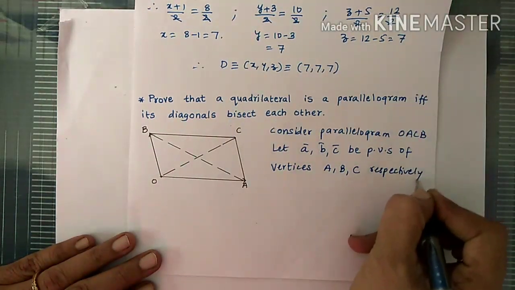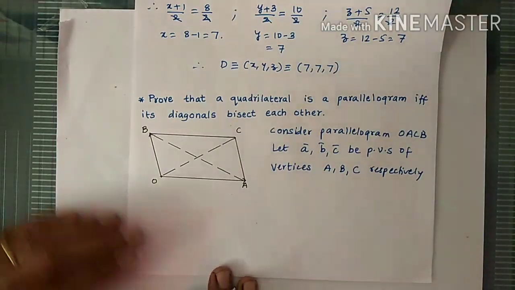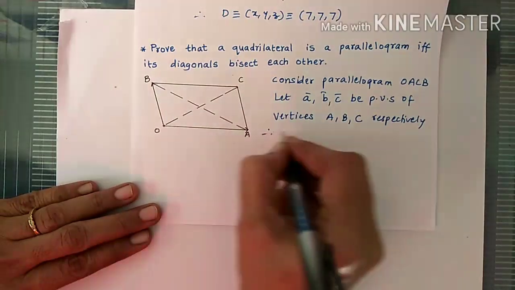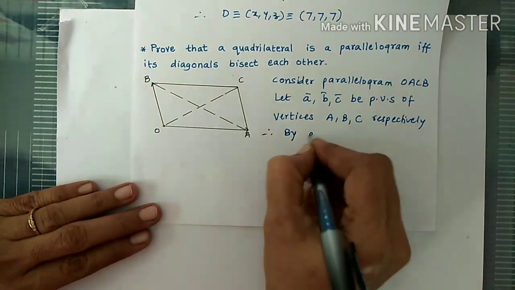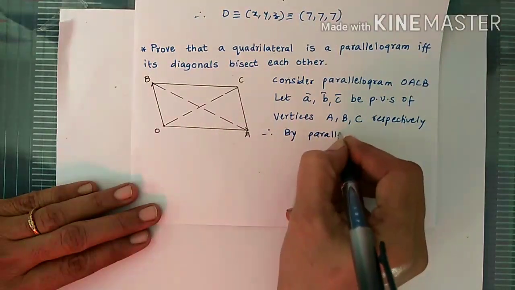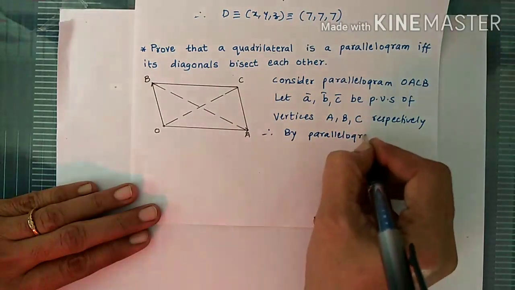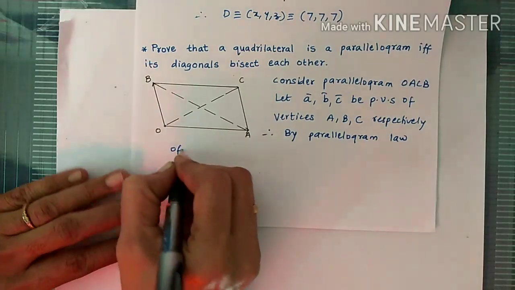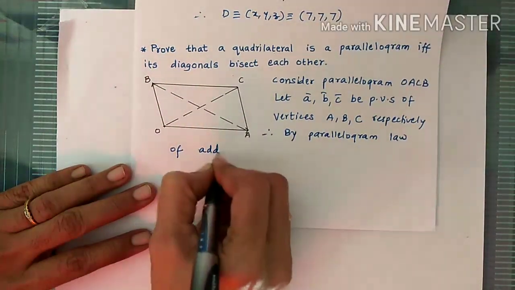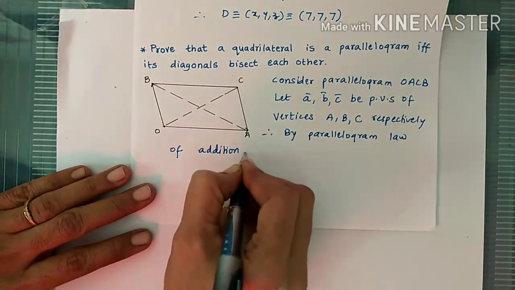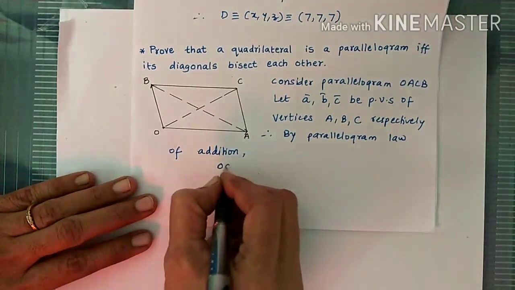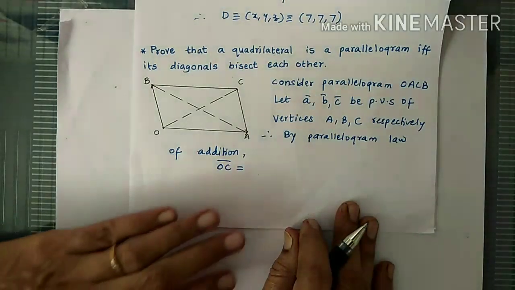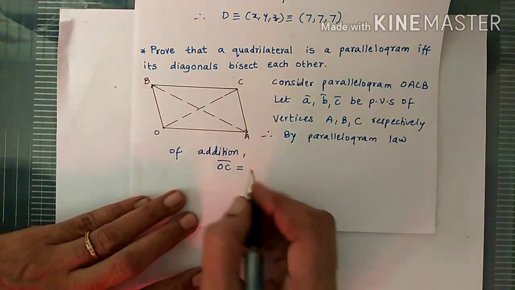Now as it is a parallelogram, we can apply parallelogram law of addition. Therefore, by parallelogram law of addition, we have the diagonal OC bar equal to the sum of the adjacent sides having the same initial vector as OC.